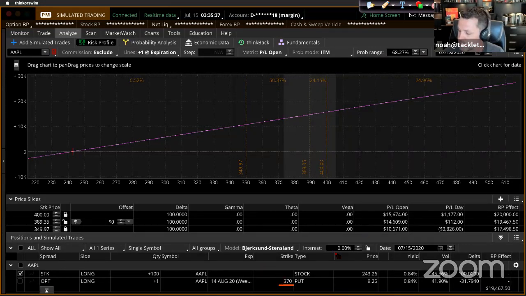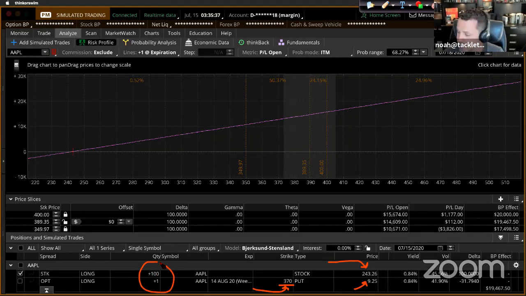So in this case, the person owns the stock at 243, has a right to sell that stock at $370 per share. And that insurance costs $9.25 per share. Each contract's worth 100 shares.